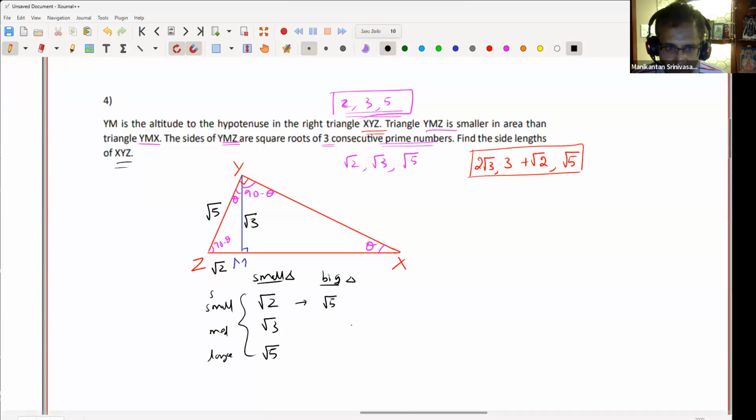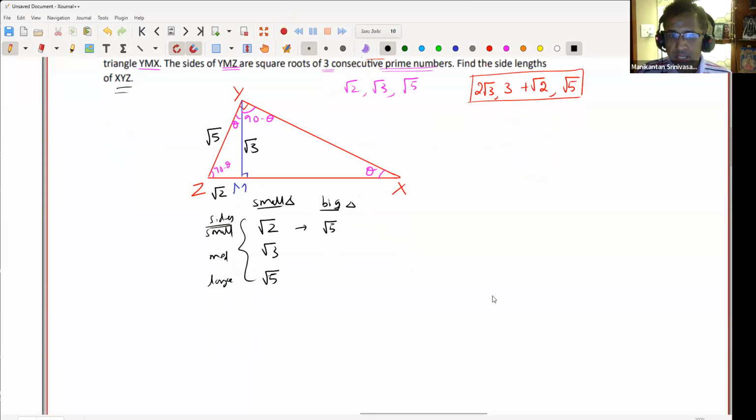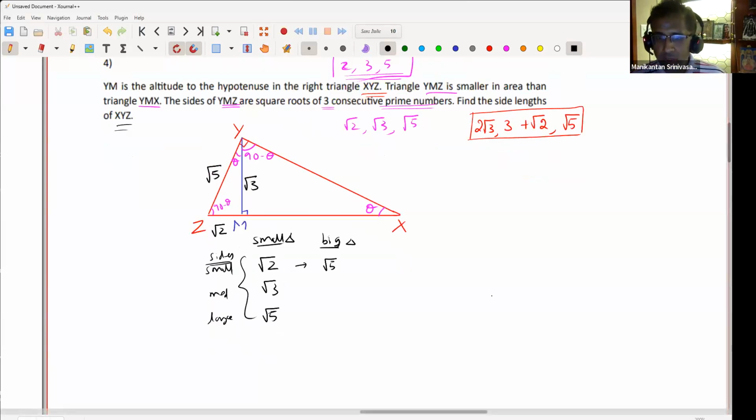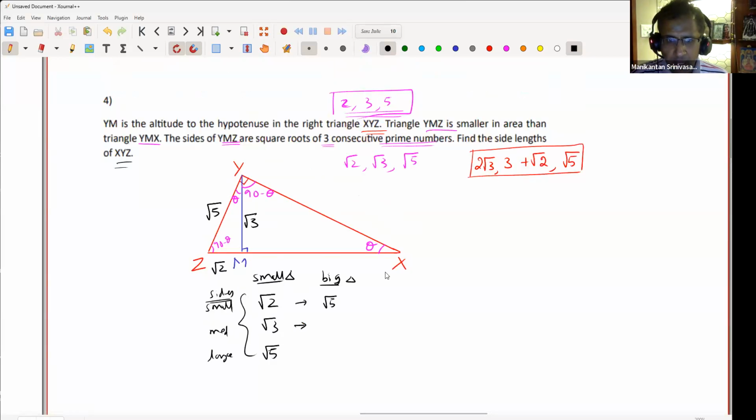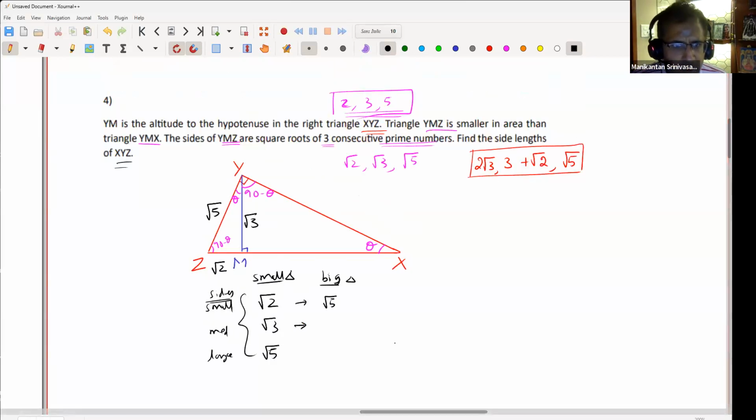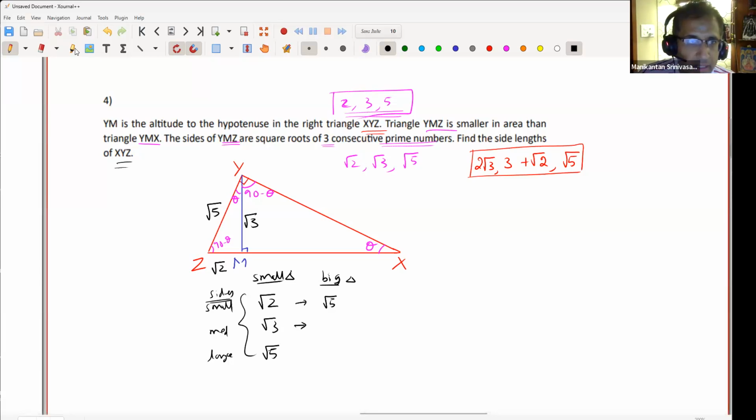These are sides, right? So root 2 corresponds to root 5, which means the similarity ratio is root 2 is to root 5. So root 3 is which one? Root 3 is YM. So I'll write out the three sides so that it's clear to everyone.